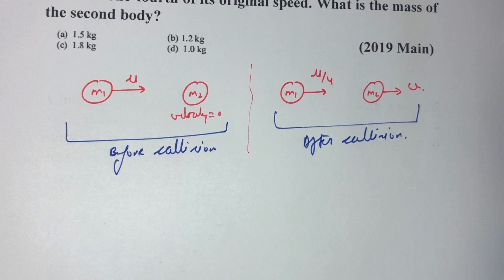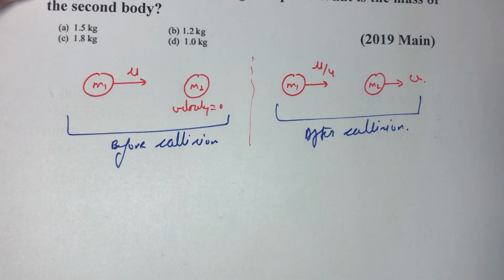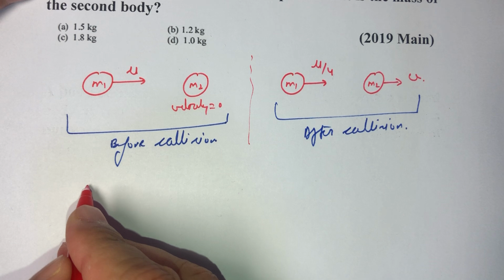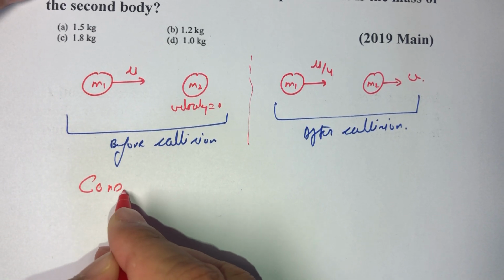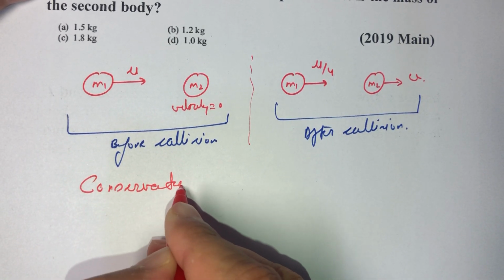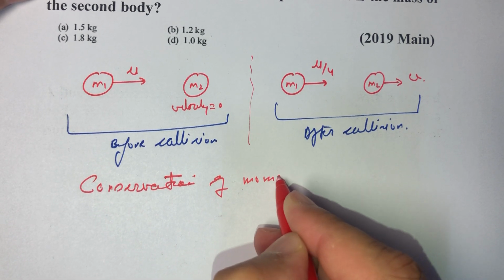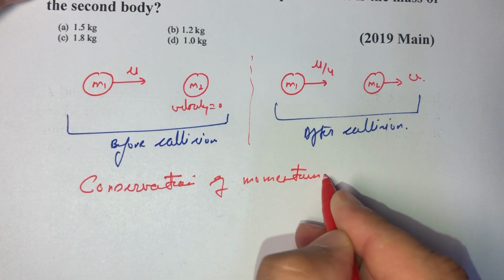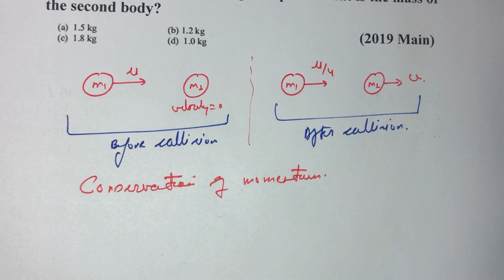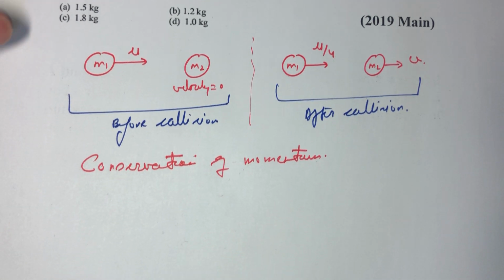So here we can write conservation of momentum. Before collision and after collision, momentum will be conserved.